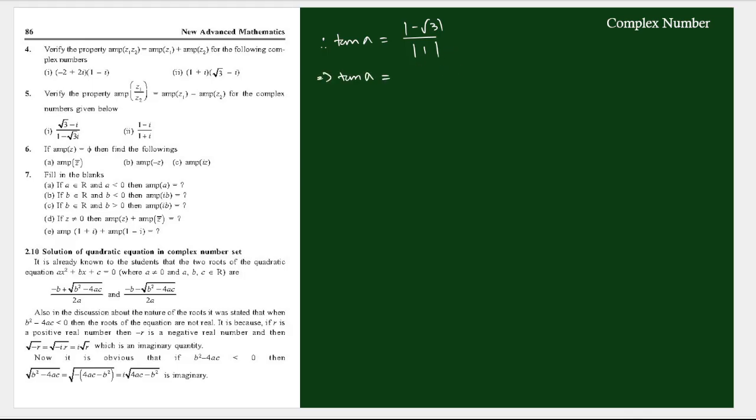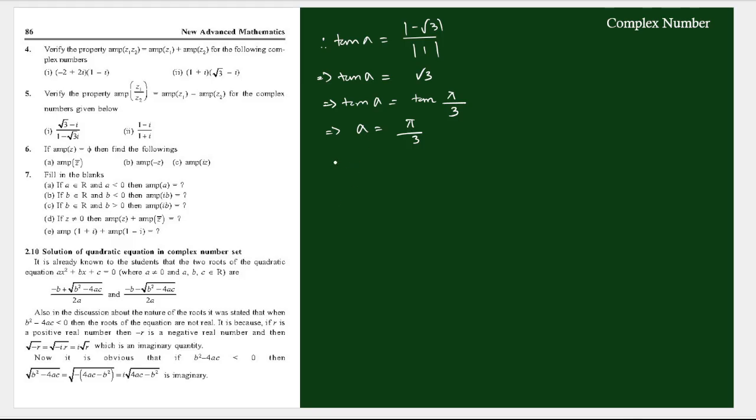So tan alpha equals only √3. So √3 is tan 60 degrees, and 60 degrees is pi by 3. So therefore alpha equals pi by 3.